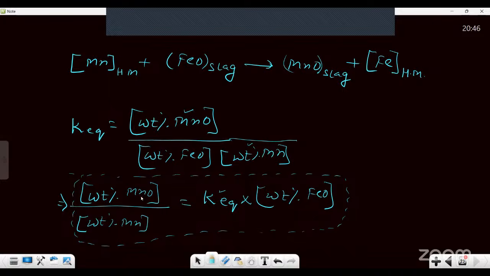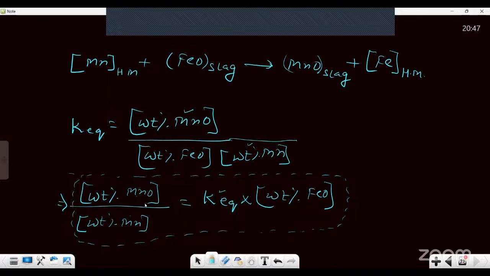Why is this ratio special? Because the weight percentage of MnO is telling us the manganese which is in the slag phase, followed by the weight percentage of manganese which is in the metal. This kind of ratio we call partition coefficients or partition ratios, because they tell us what percentage of manganese is in the slag followed by what percentage of manganese is in the hot metal.